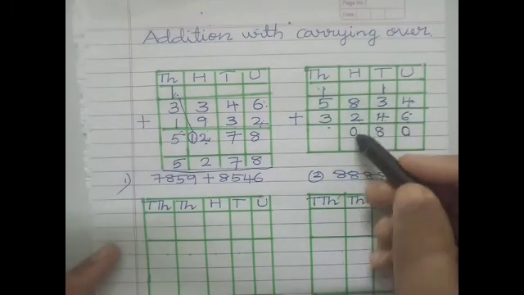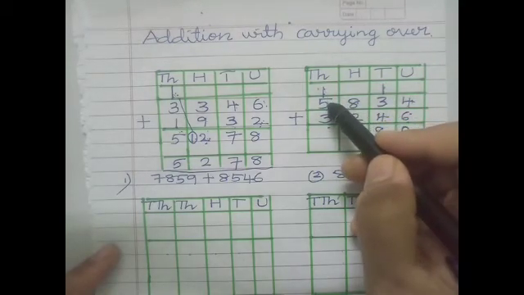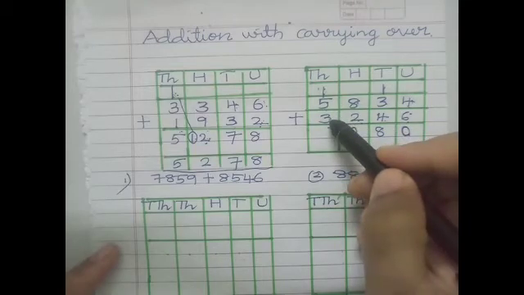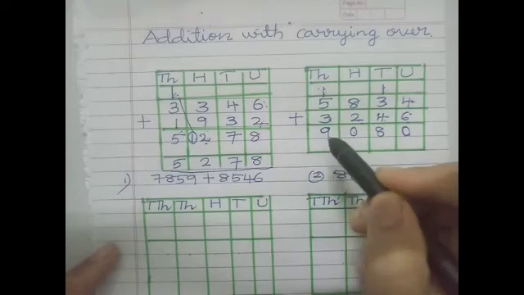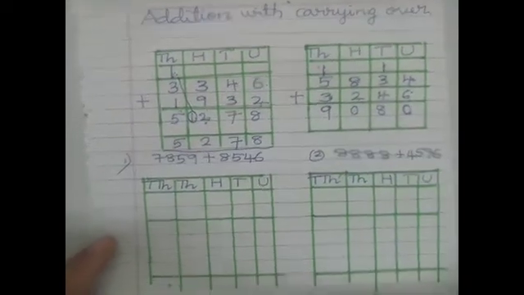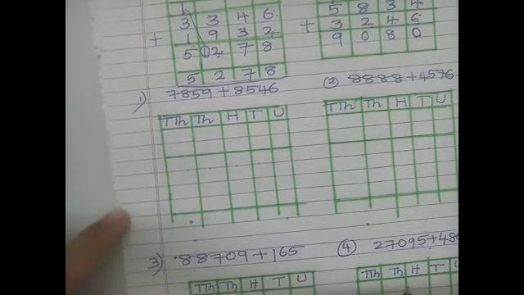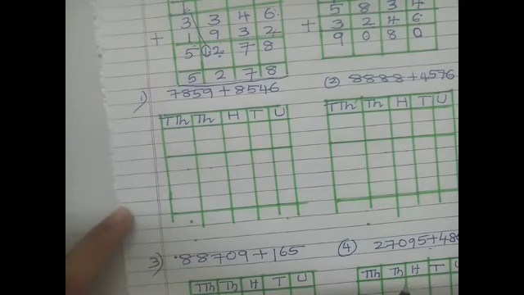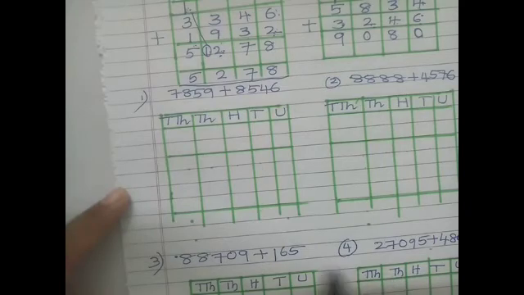So 8 plus 2 is 10, write 0, 1 carry over, 1 plus 5, 6, 6 plus 3, 7, 8, 9. So this is how we are going to add the sums with carrying over. Yes children, now let us solve a few more examples so that you will be thorough in solving this type of sums.